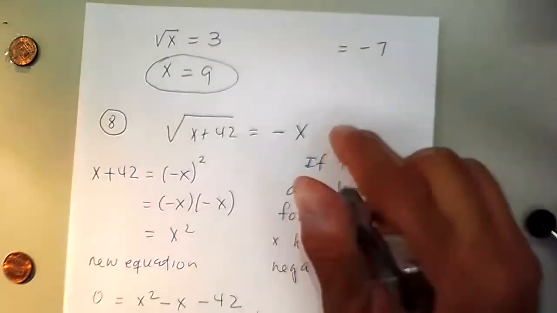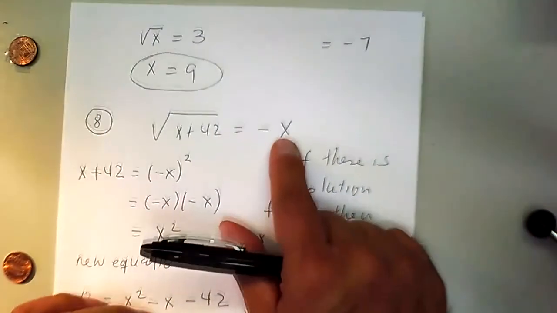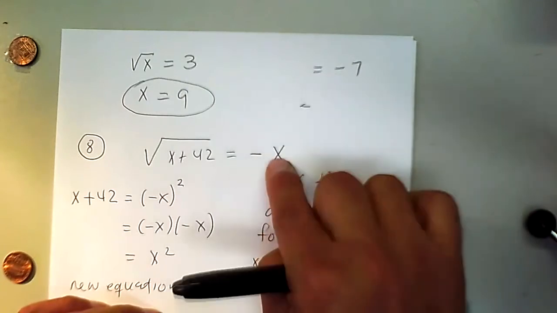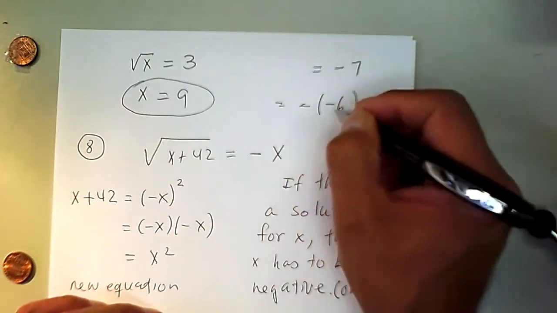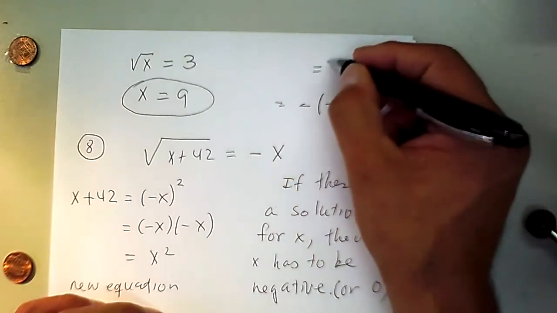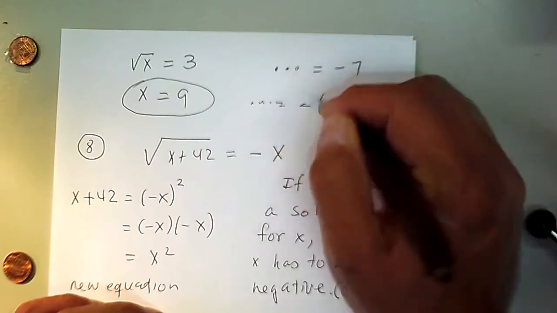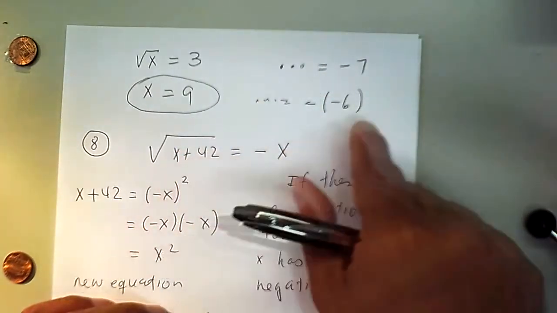On the other hand, if we put negative 6 for x, then we have negative, that negative, but x has a negative 6 within. So I'm not saying that those 2 are equal. I'm just saying whatever the root.